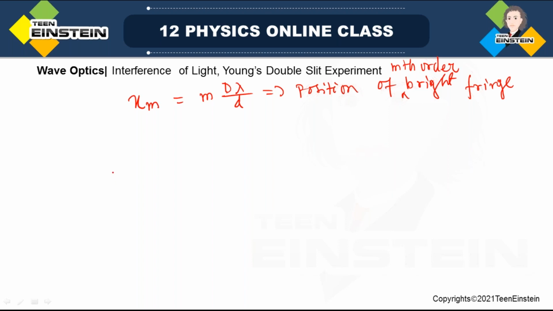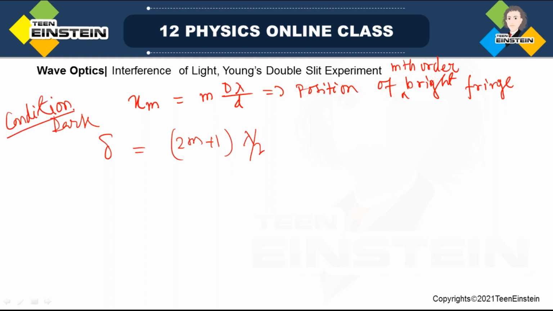Similarly, if we put delta equal to 2m plus 1 into lambda by 2, this is the condition for a dark fringe to occur. This condition we have already learned, the condition for dark fringes to occur.